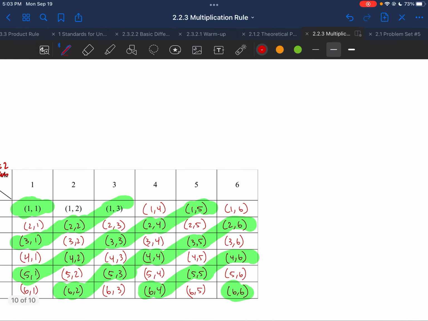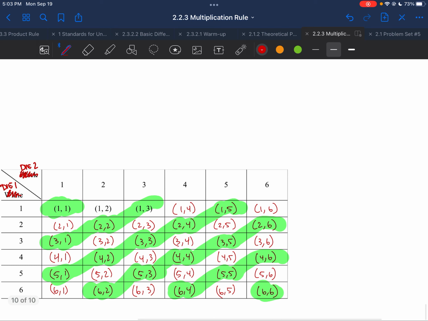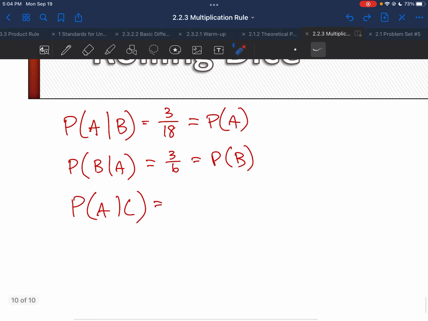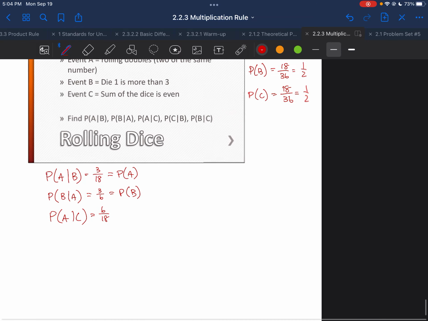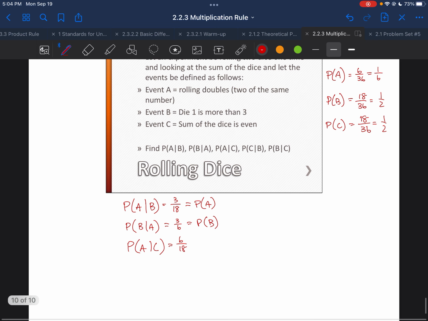It looks like all of my doubles are even here. So my doubles are here. I still have 1, 2, 3, 4, 5, 6 doubles out of the 18. So this is 6 out of 18, which is 1/3.